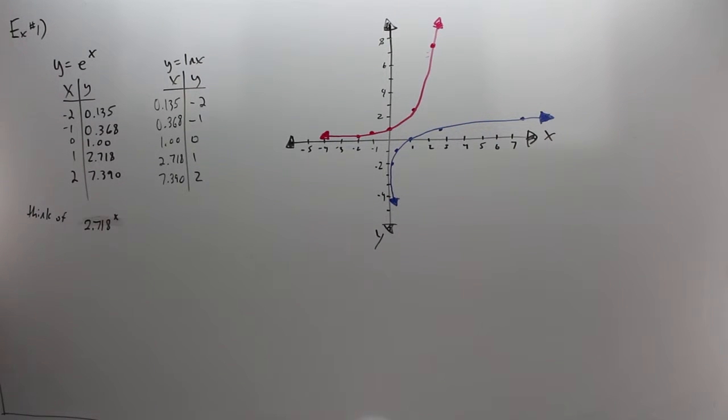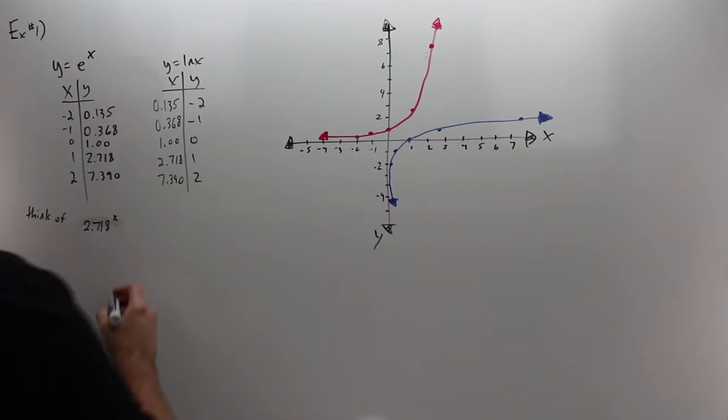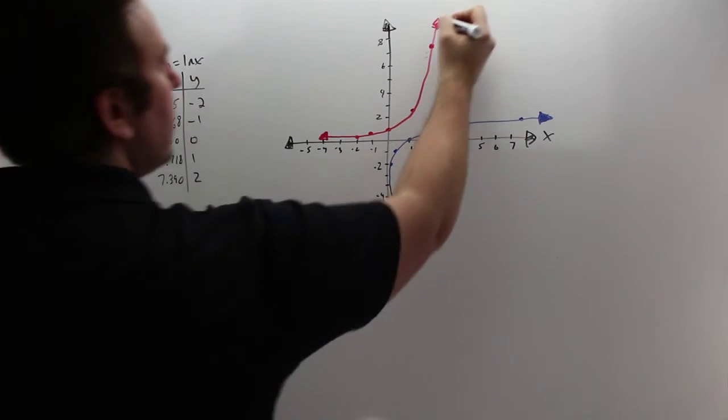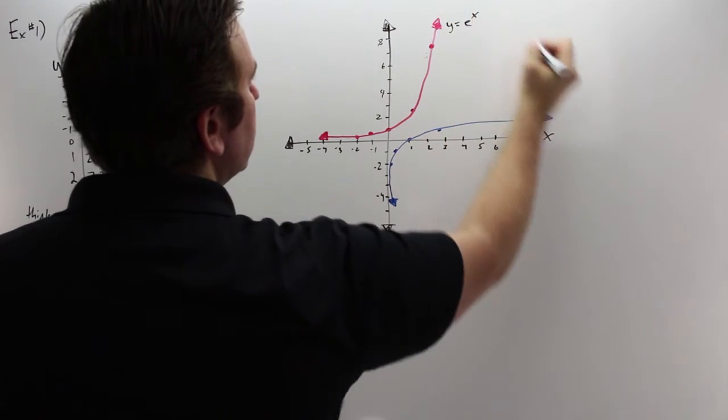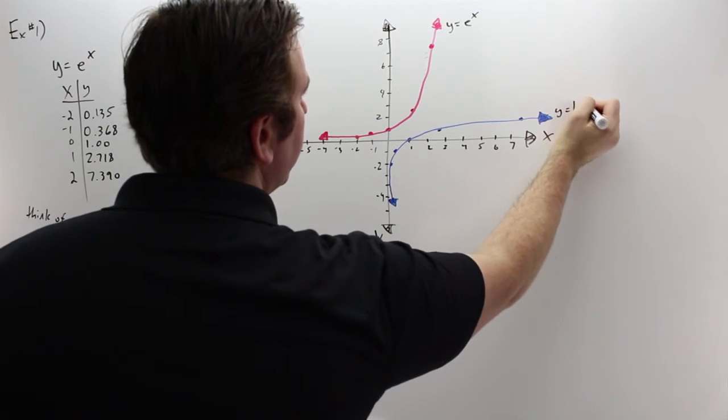Between these two graphs, okay, I'll just label both of these: y equals e to the x and y equals ln x.